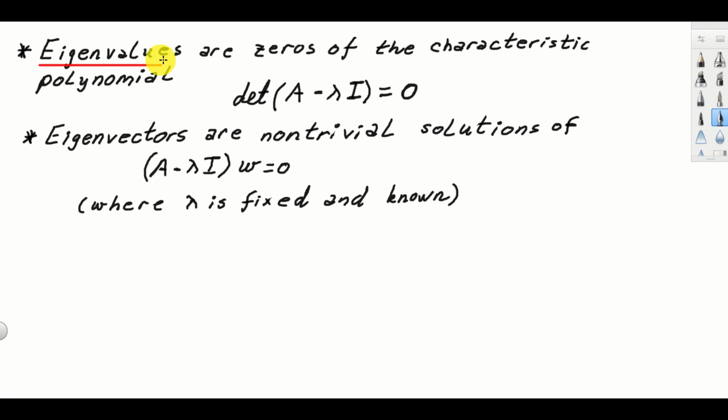To summarize, eigenvalues are zeros of the characteristic polynomial. That is, eigenvalues lambda solve this equation.